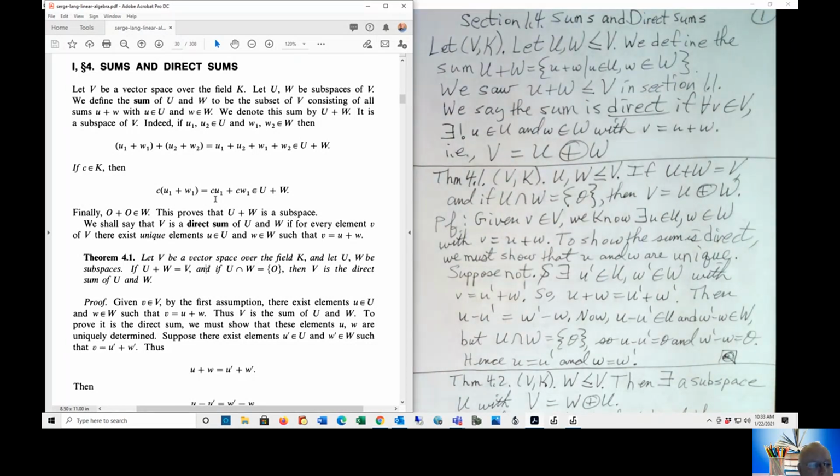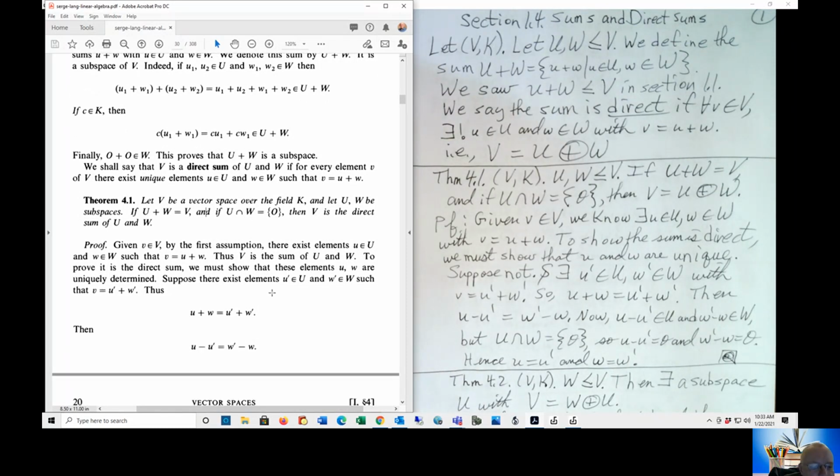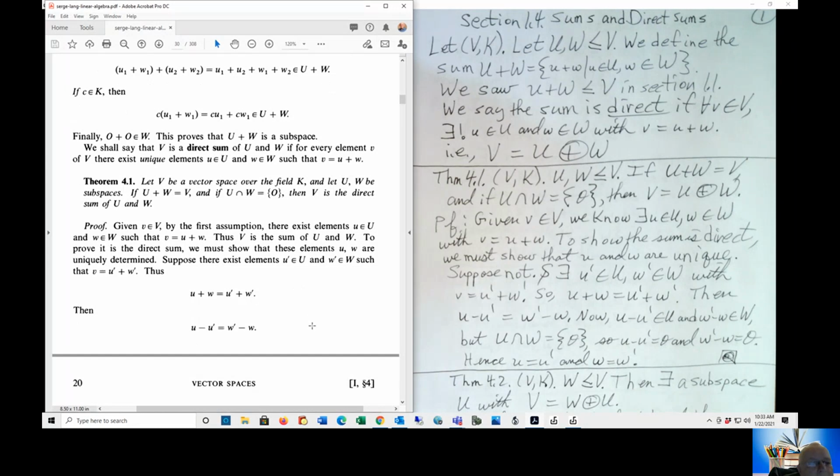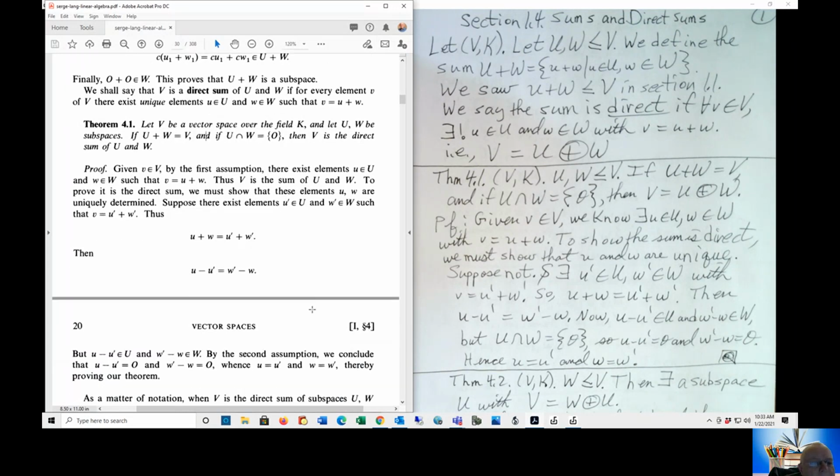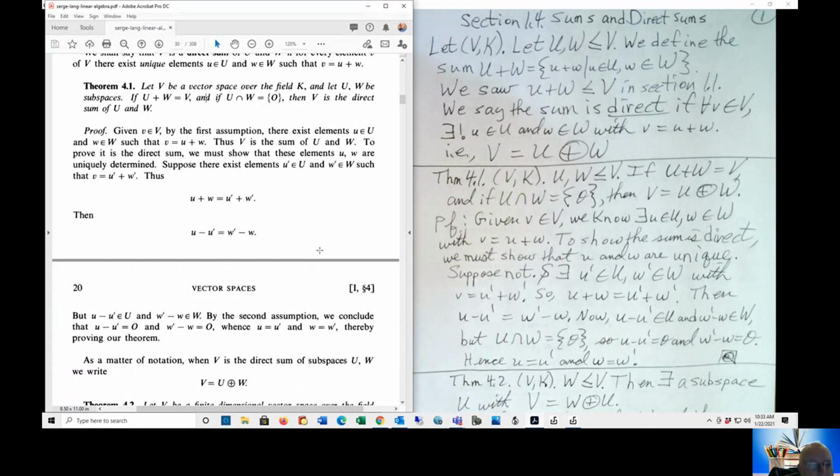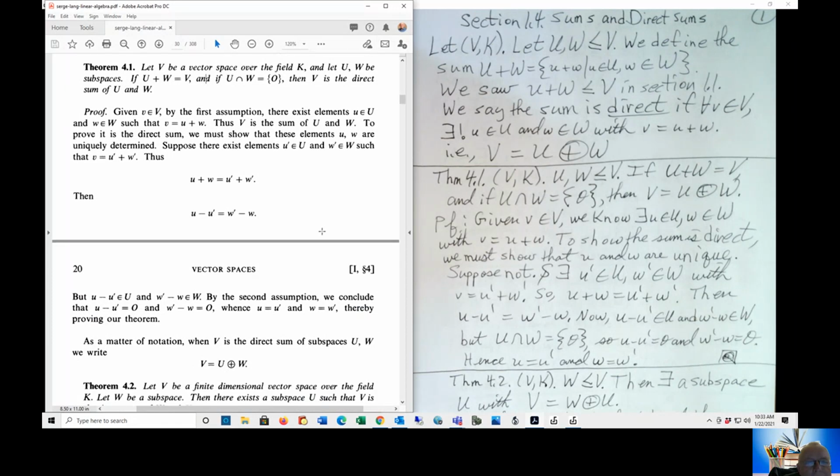Now, Theorem 4.1 gives us a criterion for determining, not just using the definition, when a vector space is the direct sum of two subspaces. Theorem 4.1. V is our vector space over K, and U and W are our subspaces.